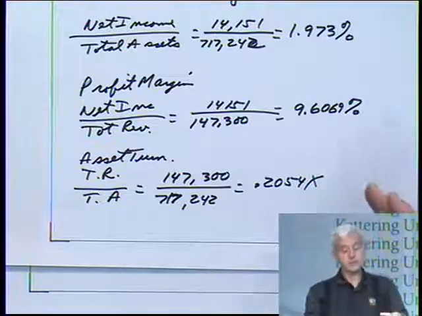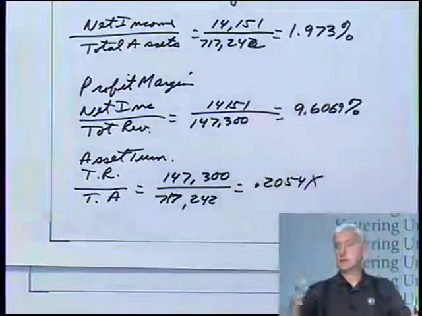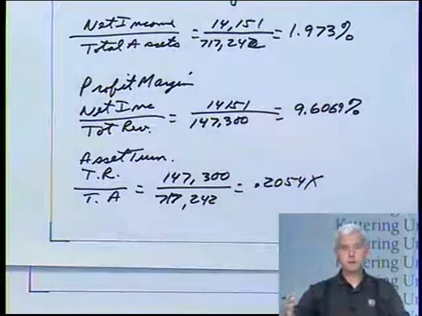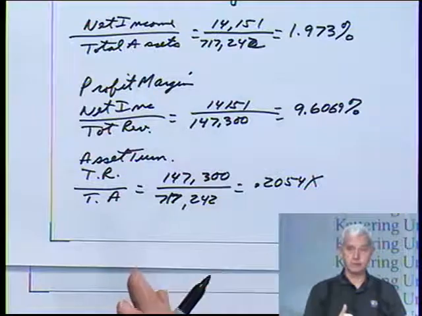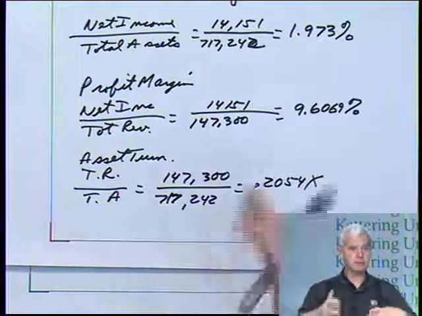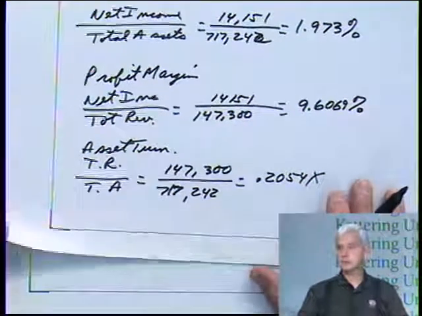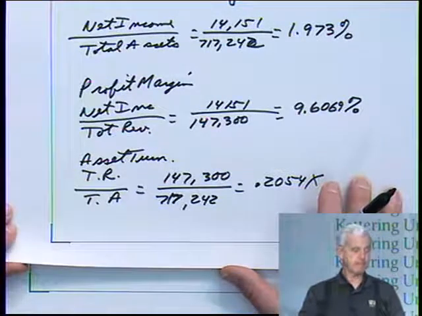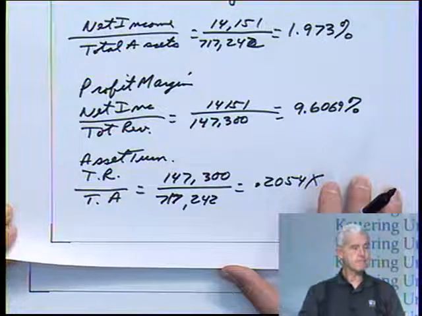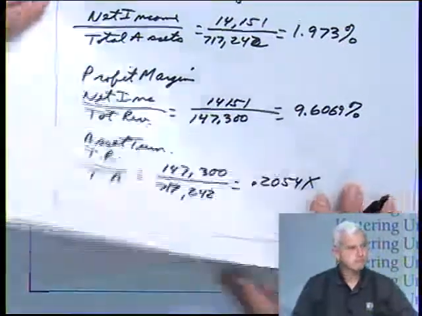So your analysis would be that ROI is on the low side, and their profit margin is very good. Their turnover is very, very low, and the net result is that their ROI is not as high as you might like to see it. Okay? So something like that. Some kind of analysis.